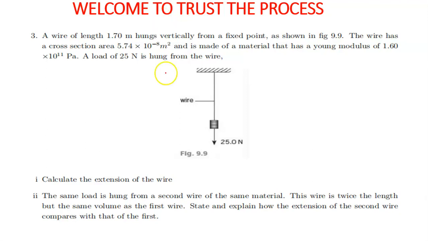So what the question here is saying is, we have two wires. We have the first wire and second wire, like that. So we have the length of the first wire to be L1. This is the original length. We are going to have the area of the first wire to be A1.